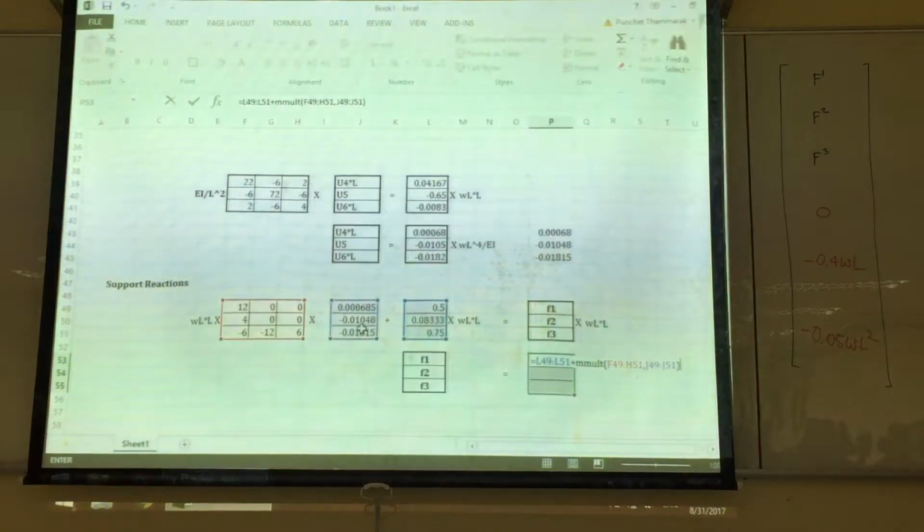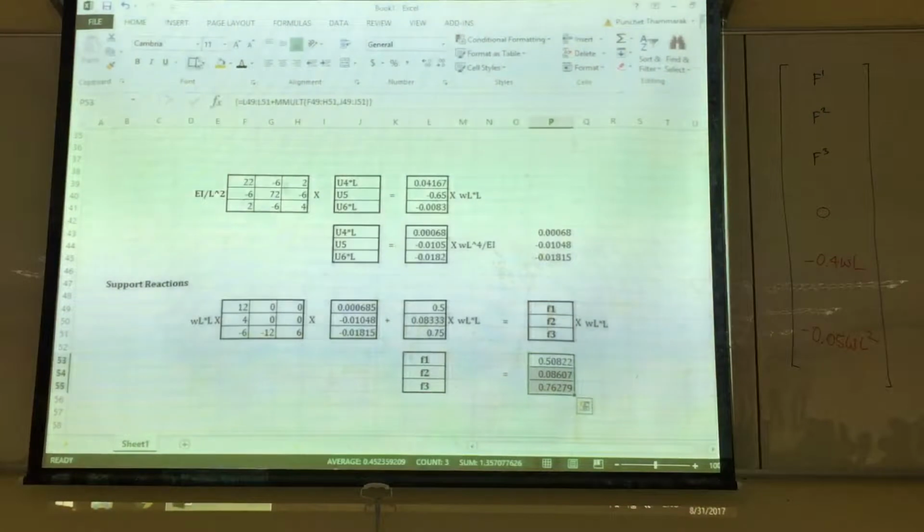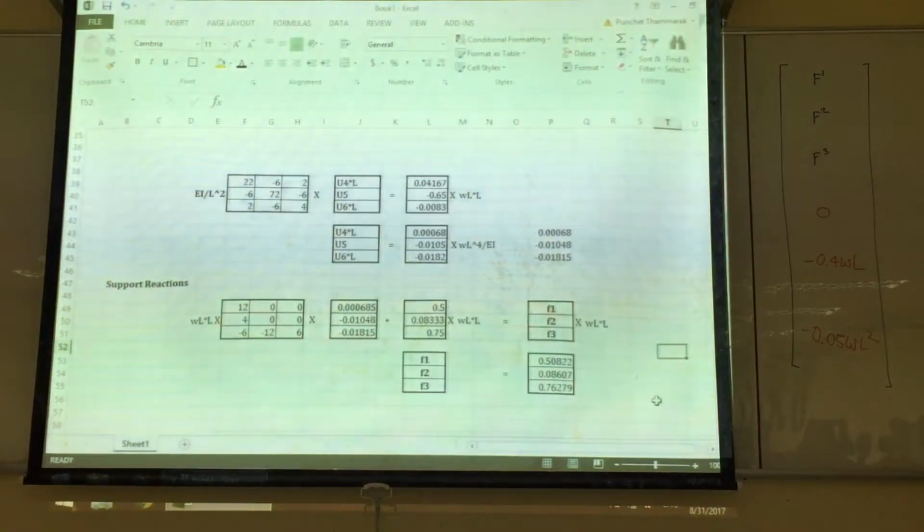Close it, shift, control, enter, got it. Done.